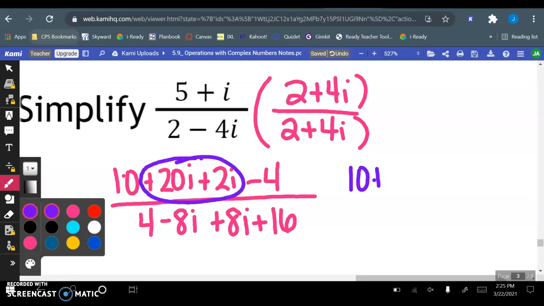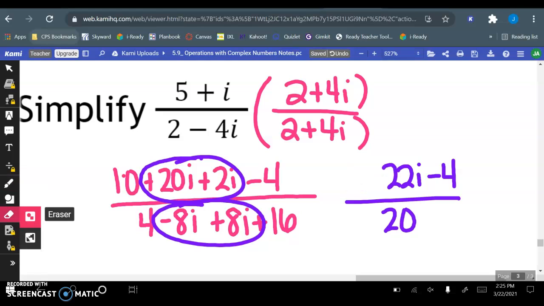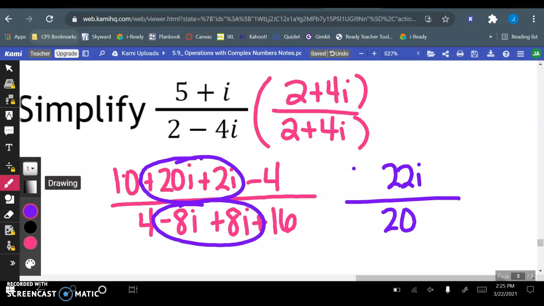So I would have 10 plus 22i minus 4. And then at the bottom, the 8i's go away, they are going to cancel because one's positive, one's negative, and I have 4 plus 16, which is 20. And then at the top, I can do 10 minus 4 as well. 10 minus 4 is 6.